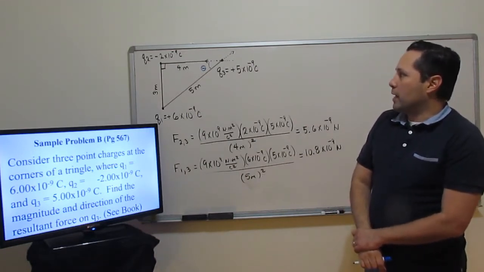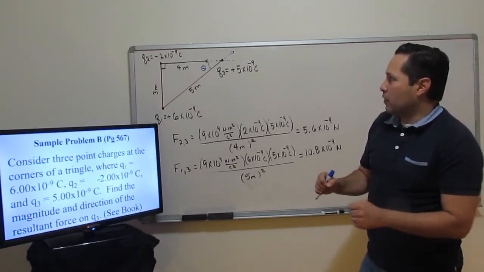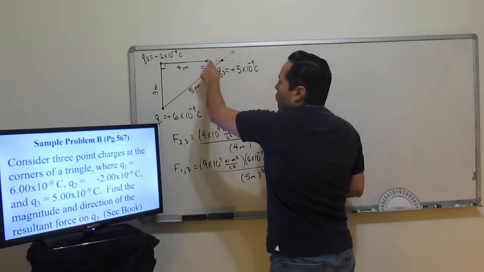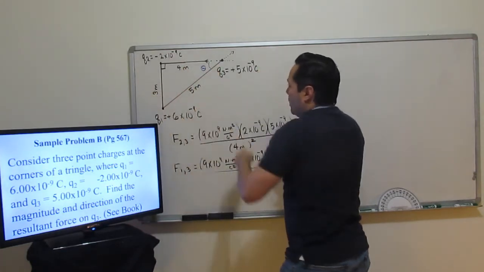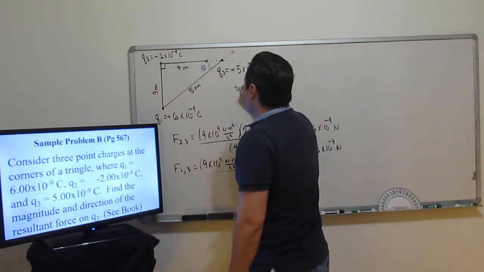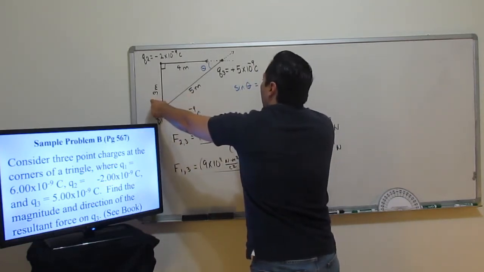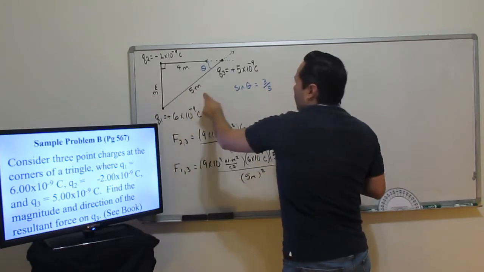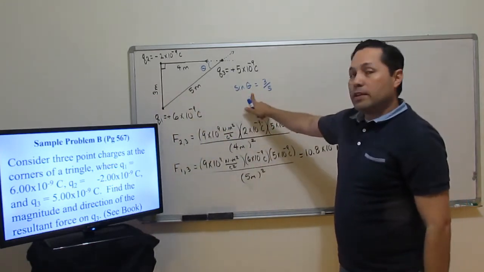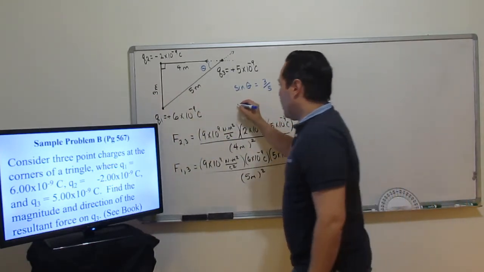Alright, so what is the value of it? I'm going to use opposite over hypotenuse, so that is sine. So sine of theta is equal to opposite over hypotenuse, 3 over 5. If I want the angle, I'm going to use the inverse sine.